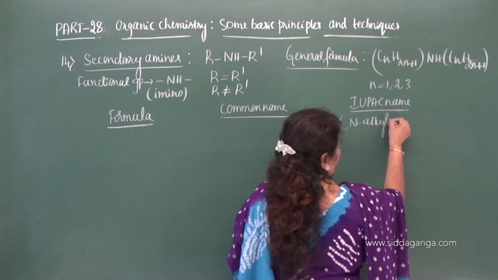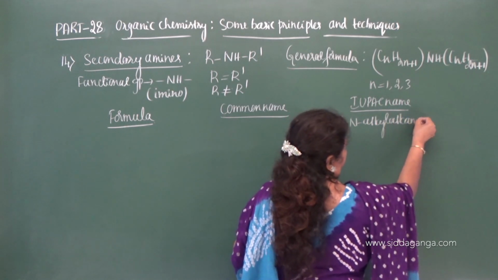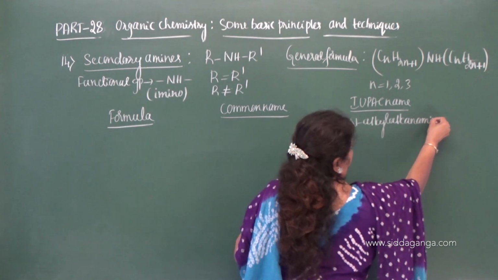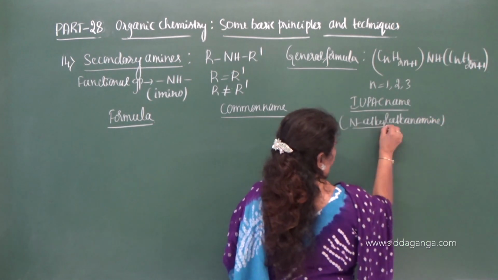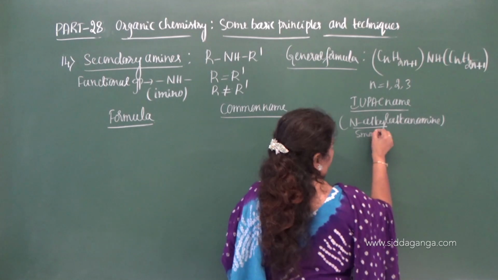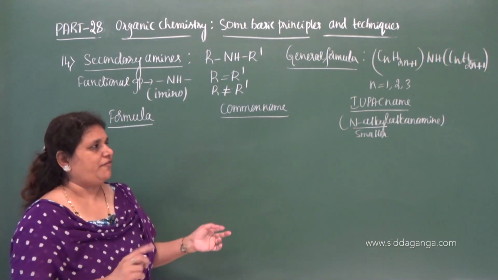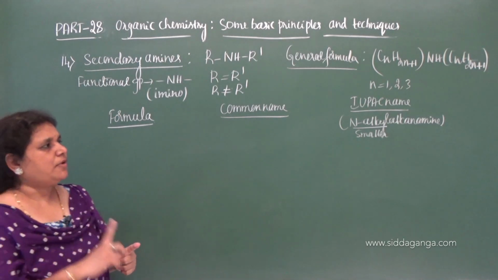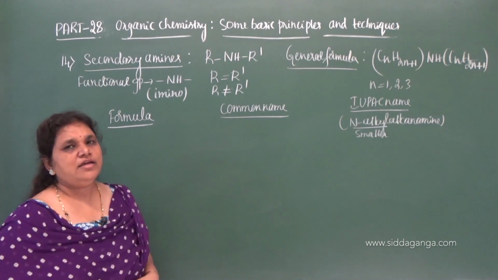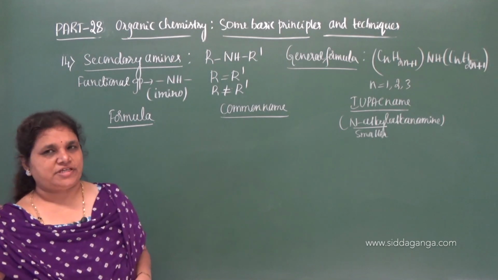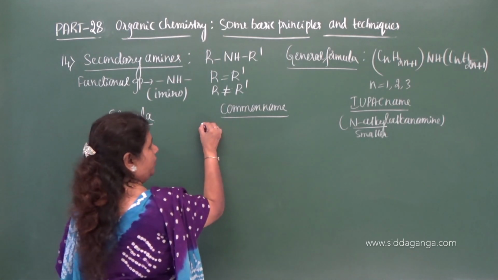N-alkyl alkanamine, and this must be the smaller alkyl group. Out of R and R dash, which one is smaller? That we have to take as a substituent, that is the prefix. Clear?